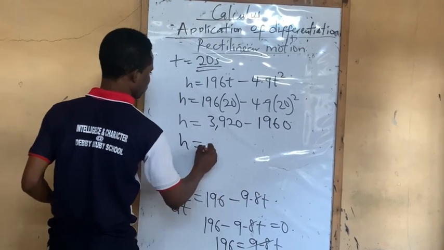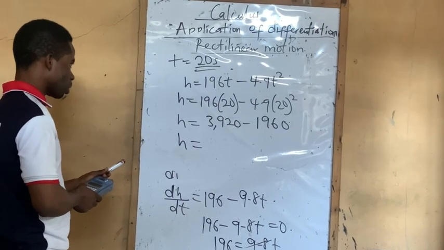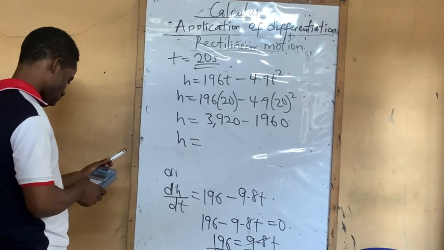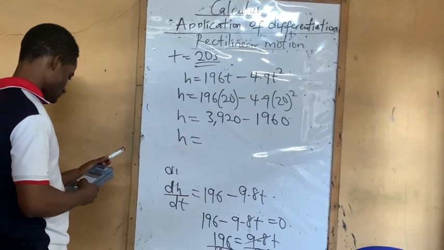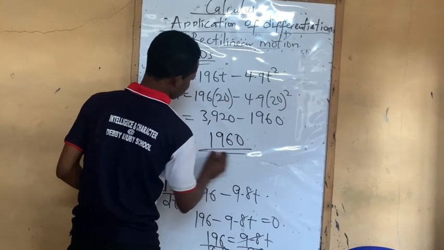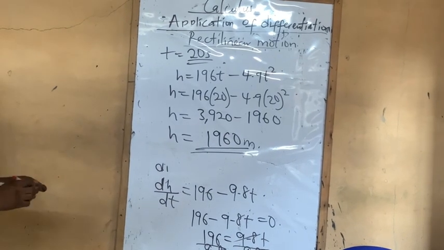That is my greatest height reached: 3,920 minus 1,960, that is 1,960. Okay. That is my greatest height reached.